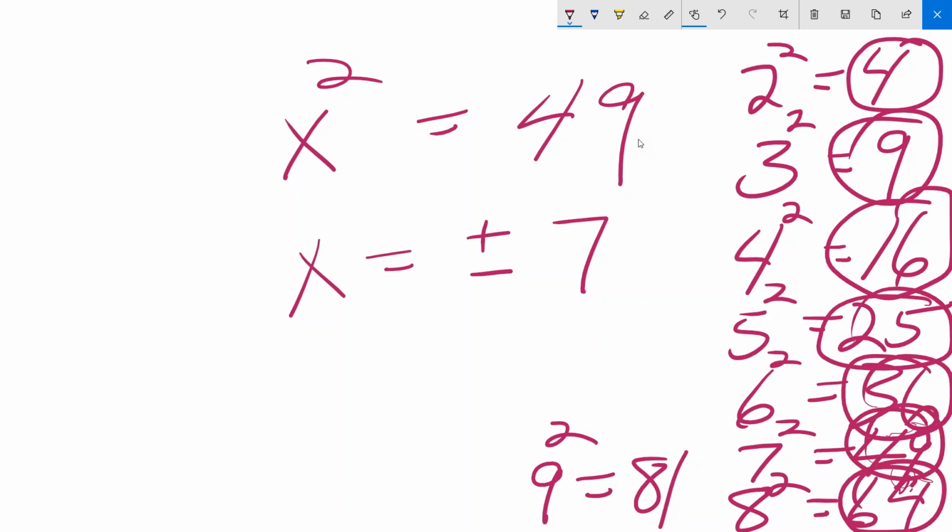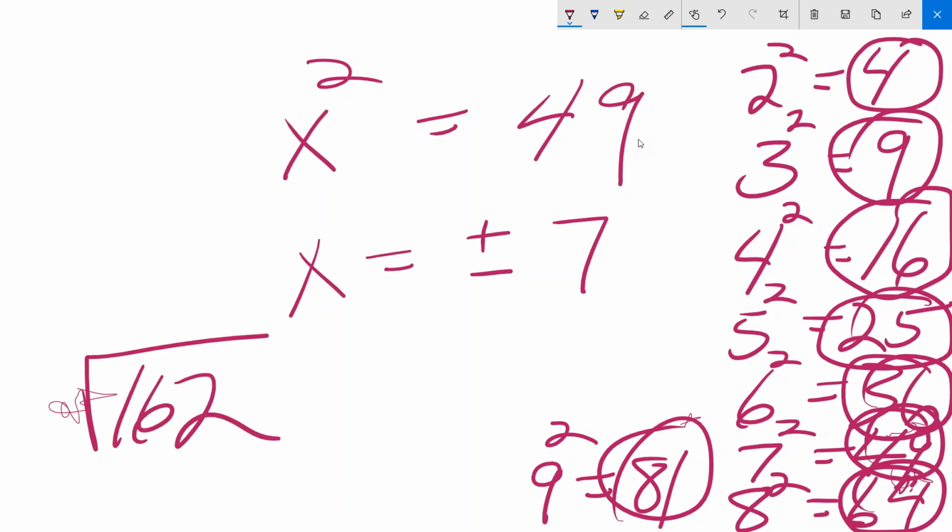Just, that's the way of math. You want to know what your perfect square numbers are. And one of the reasons is, what if they give you that? What's the square root of 162?